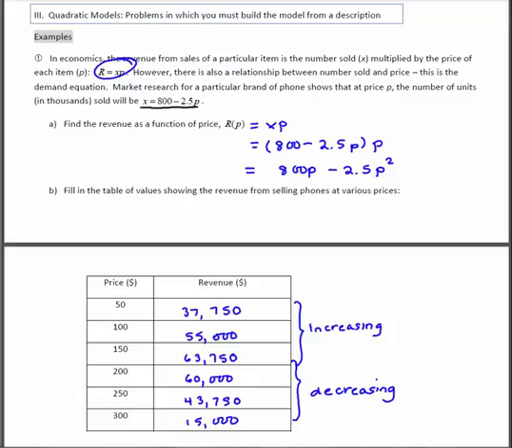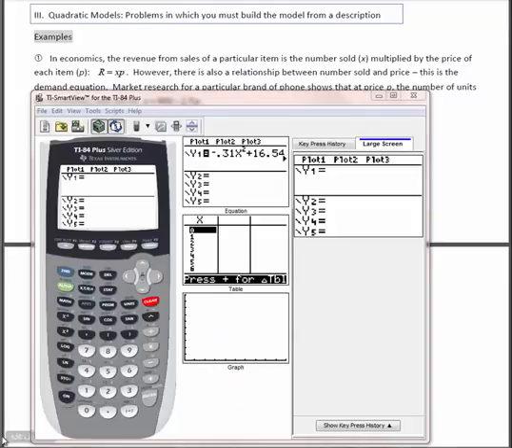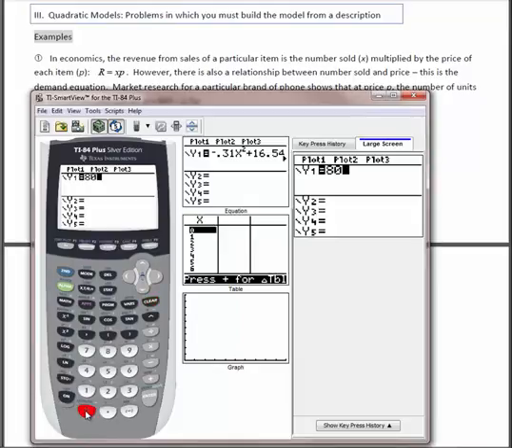I'd like to show you a quick way of getting these values on your calculator as well. If you've never used a table feature before, it's really handy and it's a fast way to come up with these numbers. Let's go ahead and type the function, the equation itself, into our calculator. It was 800p, so we'll put it in as 800x minus 2.5x squared.